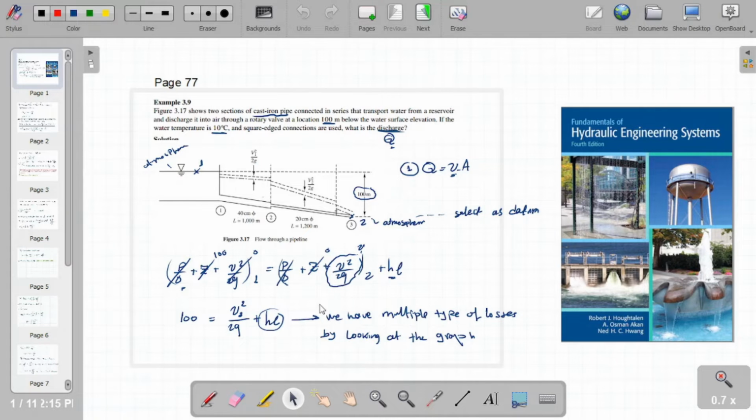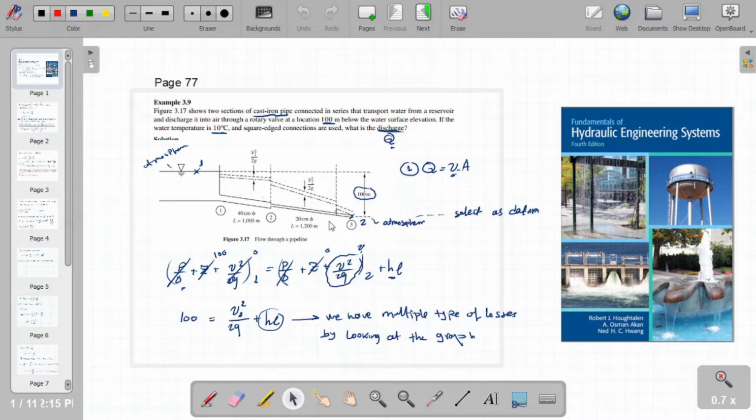Now the pressure at point 1 is the atmospheric pressure, and the pressure at point 2 is also atmospheric pressure. Since the liquid is the same, water, these terms cancel each other, right? We take it to the other side with a negative sign, and the net becomes 0.